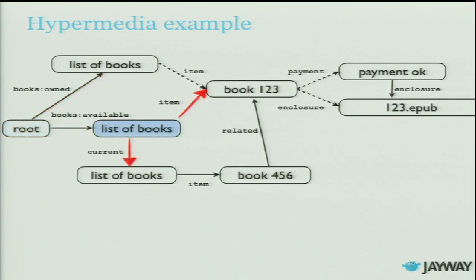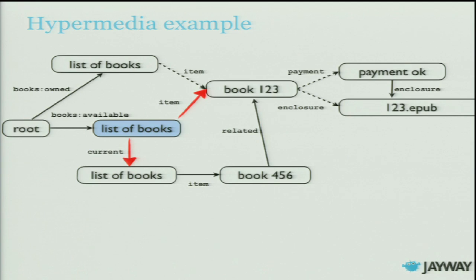The client gets a representation of all the books that are available, and maybe links to book 1, 2, 3, and obviously many other links as well, but also maybe a link to another collection of the most recently added books.